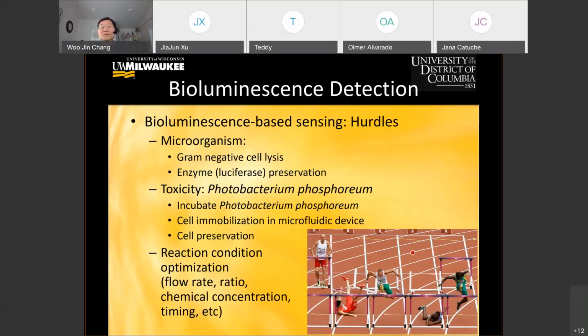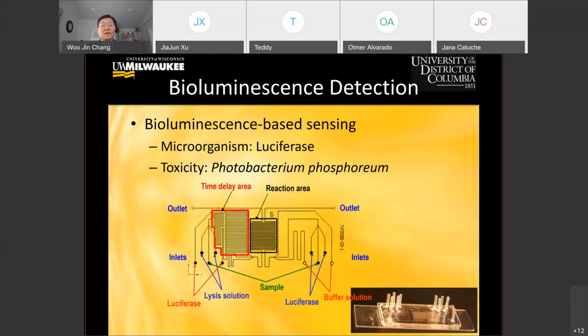So yeah, obviously there will be several hurdles to make this approach work. And I want to be a winner instead of these other guys. So because of that, I had to design a kind of complicated microfluidic device.